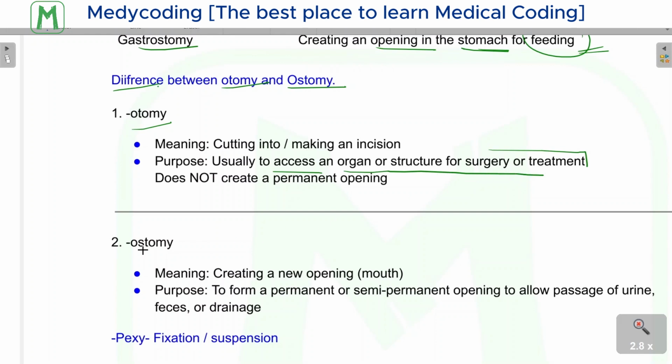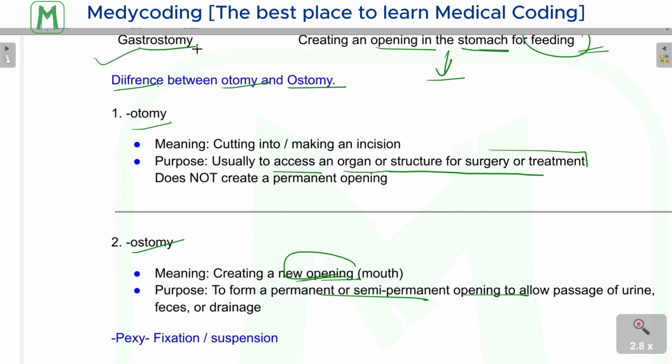Whereas ostomy is making an incision and creating a permanent or semi-permanent opening that allows the passage of urine, food, if the natural opening is not working, such as gastrostomy, which is used when a patient cannot swallow safely, maybe due to coma, or maybe the mouth or esophagus is blocked or injured. So in such a situation, gastrostomy is used to feed such a patient.